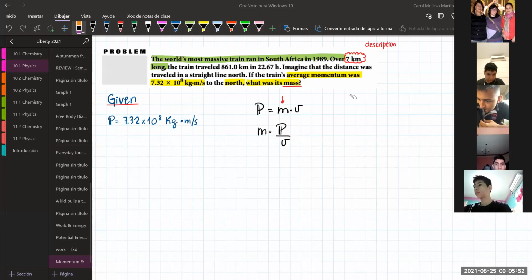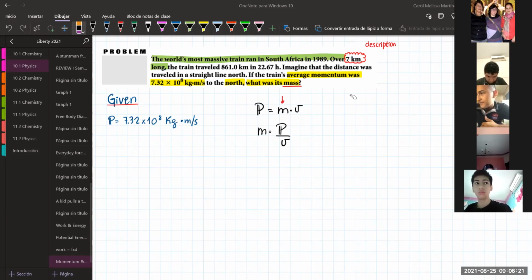Description purpose, okay? It's just telling you that it was so massive that it had 7 kilometers long. 7 kilometers is a long distance for a train. So, but we don't need it. All I need to know is what distance the train traveled. And that distance is specified right here.